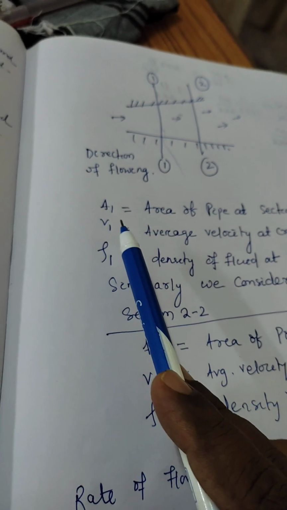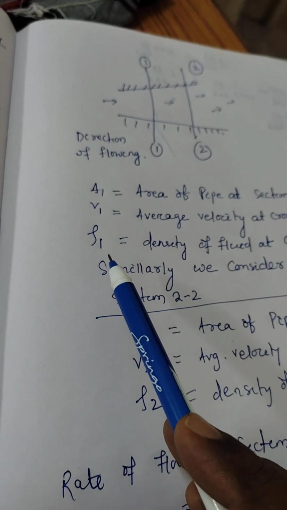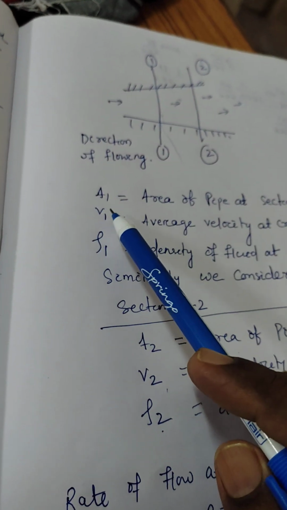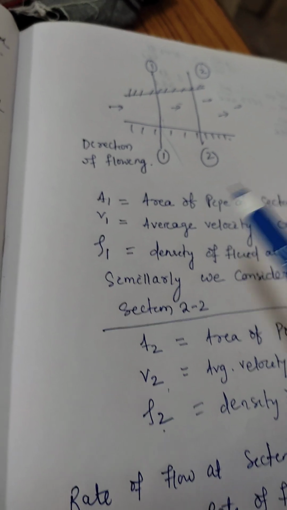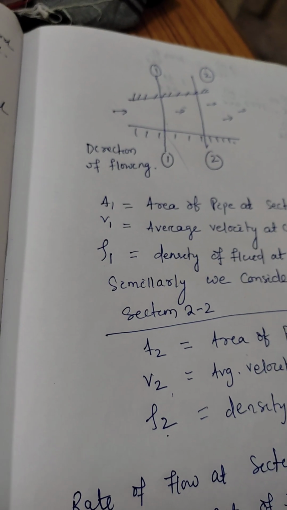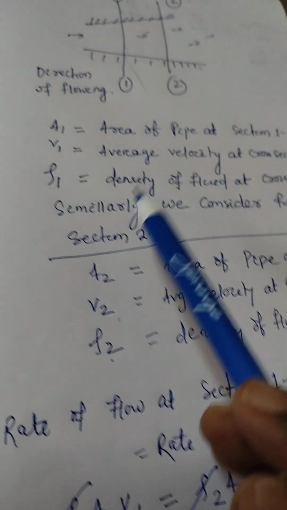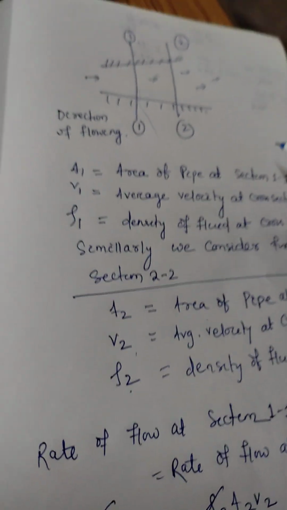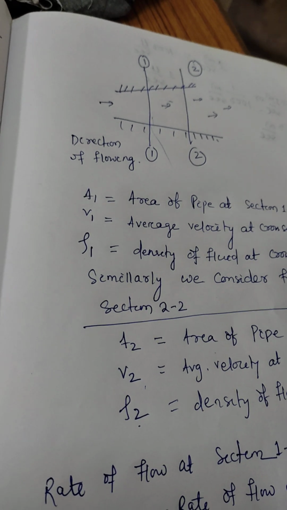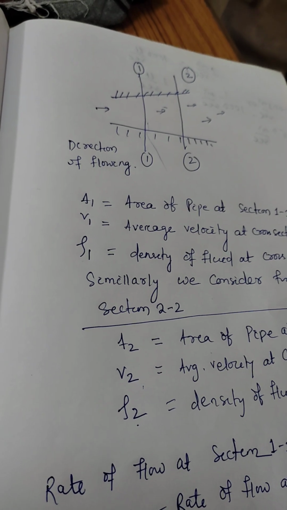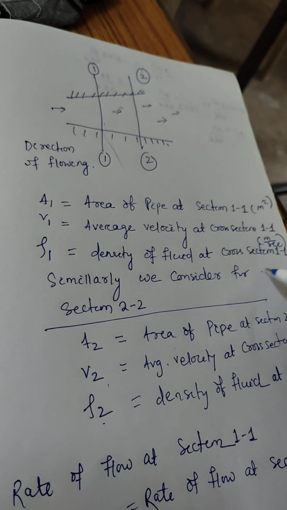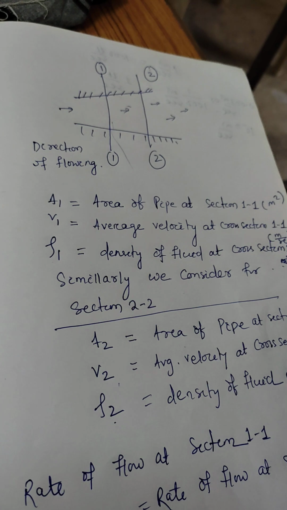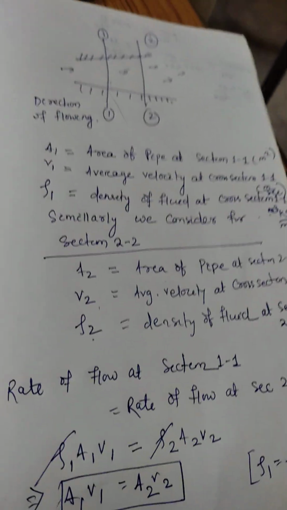For section 1 that is A1, V1, rho 1, and for section 2, A2, V2, rho 2. A1 is the area of the pipe at section 1, V1 is the average velocity at cross section 1, and rho 1 is the density of fluid at cross section 1. Area has unit meter square, velocity has unit meter per second, and density has unit kg per meter cube. Similarly at section 2.